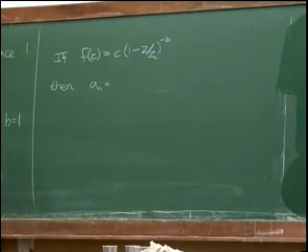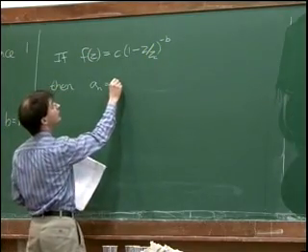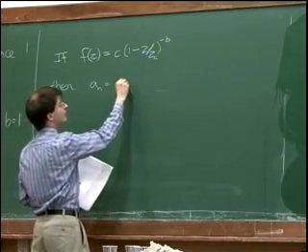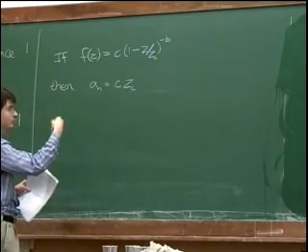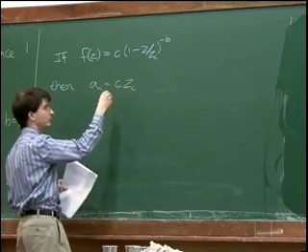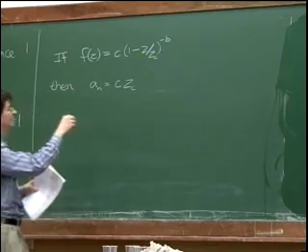So if I look at the corresponding an, an would have the form constant, times zc to the power of, sorry, it's either plus or minus n. It would be minus n.